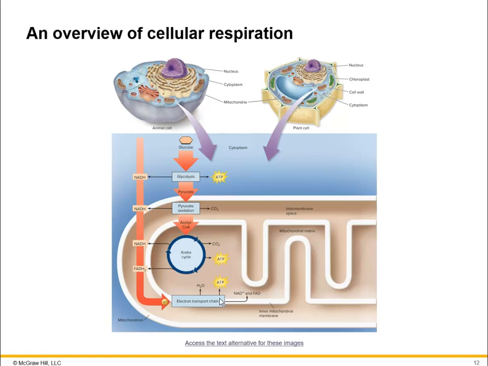So it's just more important to remember the majority of ATP is produced in the electron transport chain during cellular respiration. It could be 32, it could be 34, 36, 38. A range of about 30 to 38 ATP comes from the electron transport chain, while only about 2 molecules of ATP are coming from the Krebs cycle, and about 2 molecules of ATP are coming from glycolysis.